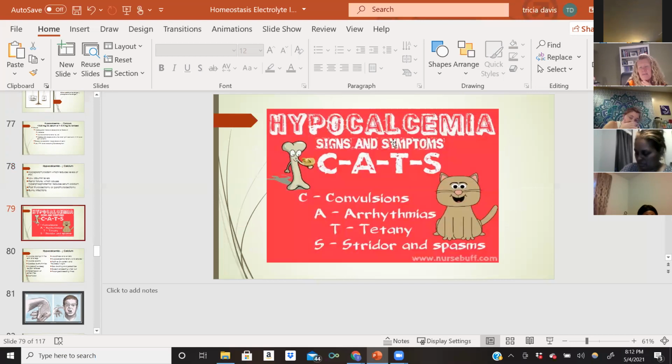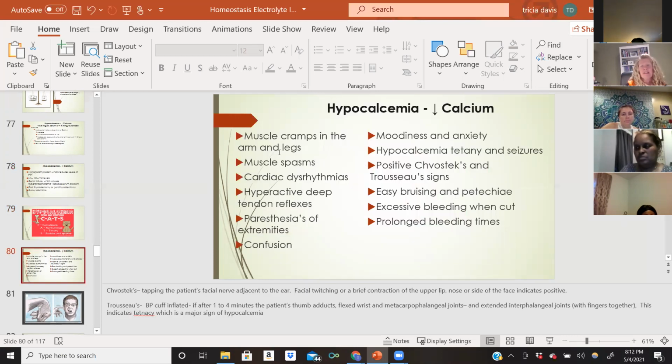So hypocalcemia, signs and symptoms: convulsions, arrhythmias in the heart, tetany, stridor, and spasm, so CATS. Muscles are going to cramp in the arms and legs. You're going to have muscle spasms, cardiac dysrhythmias, hyperactive deep tendon reflexes.